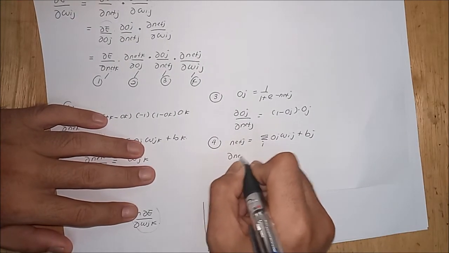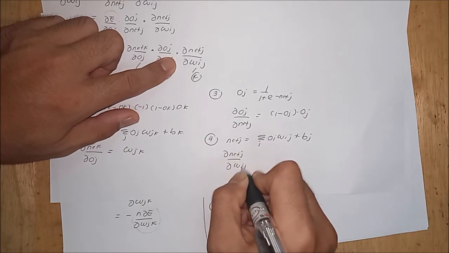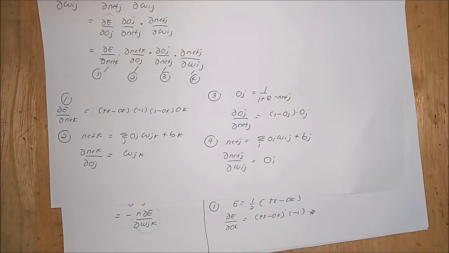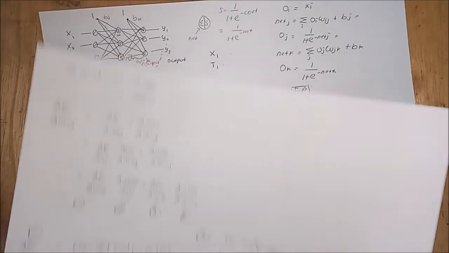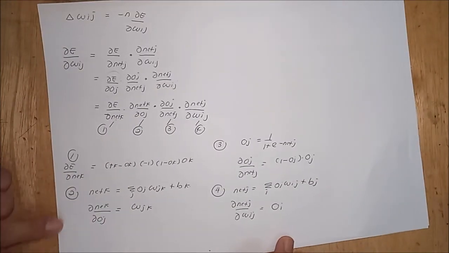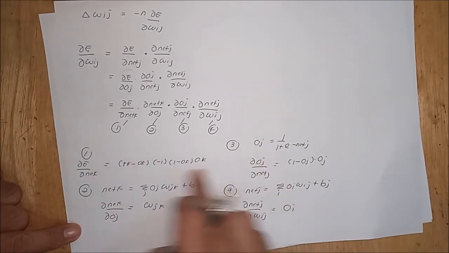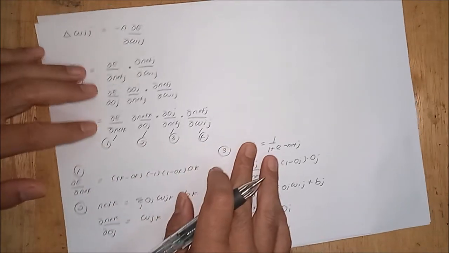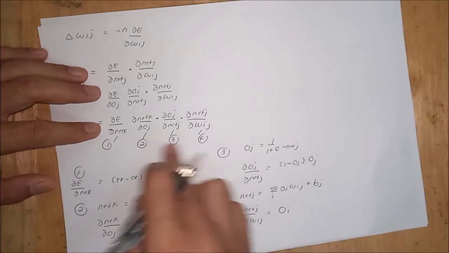So d net j over dwij will be equal to oi. Previously, in the output layer, for wjk, it was equal to oj. So we have already defined all the parts from the partial fraction, from the chain rule derivation.